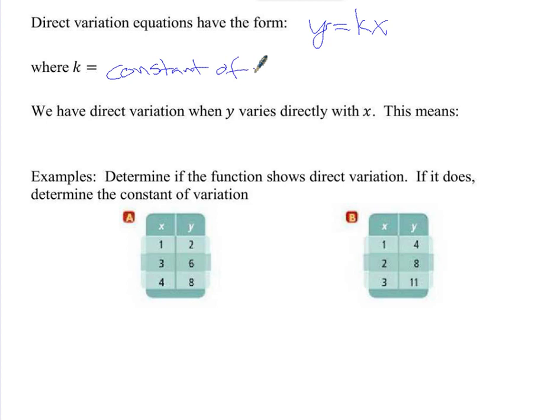of, anybody remember? You probably had it as a vocab word, somebody in here. Constant of variation.